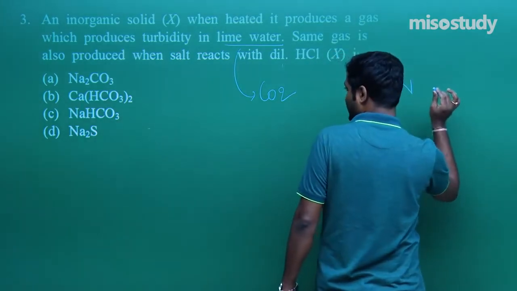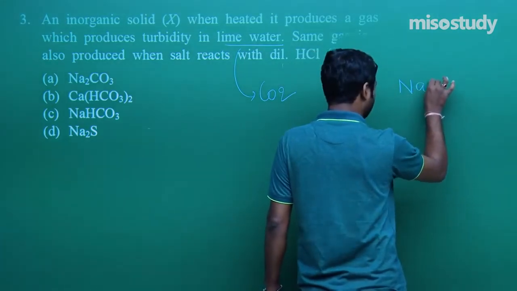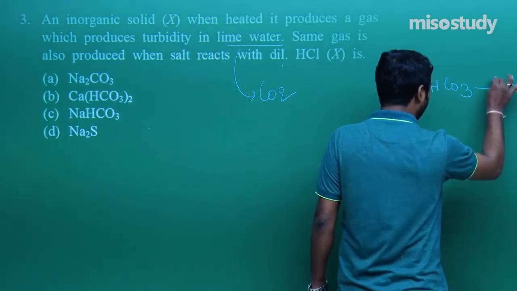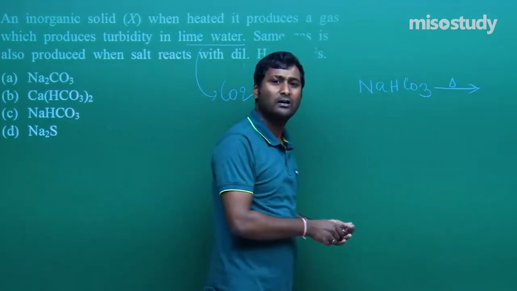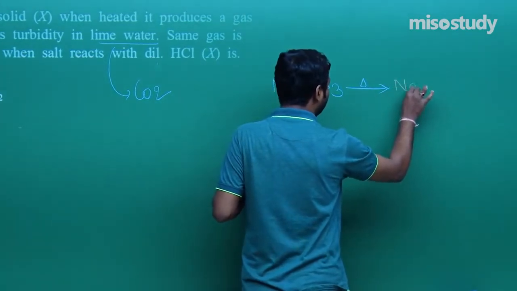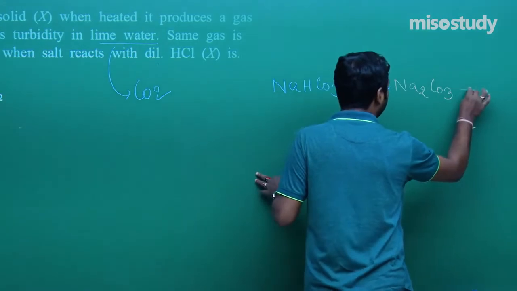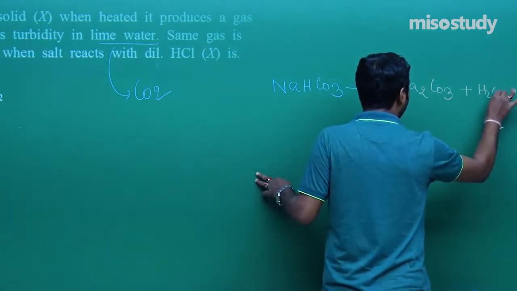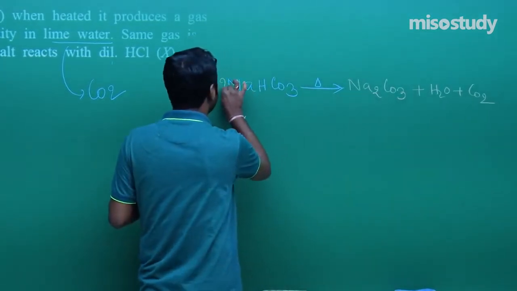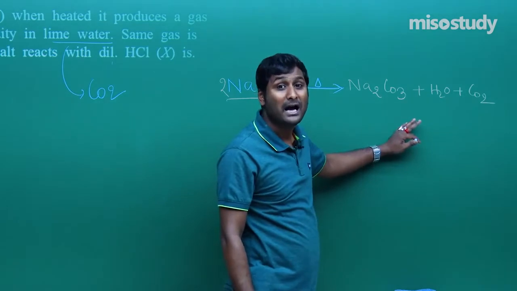If I talk about the Na compound, then what will happen in this case? If I take the bicarbonate of sodium, when we heat it, what will happen? Sir, it will give you Na2CO3 plus H2O plus CO2. Yes sir, the bicarbonate can be converted to carbonate.